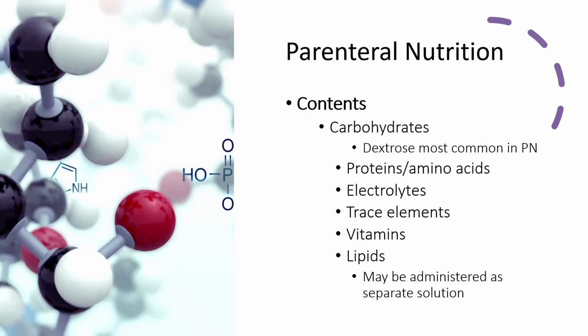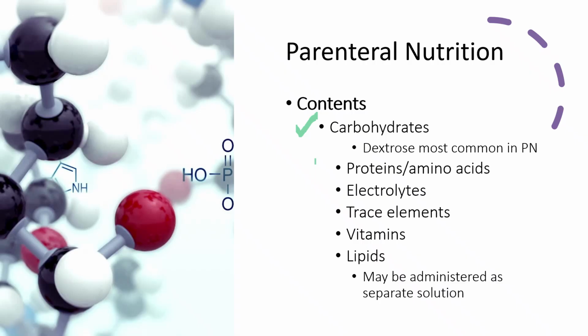So in this solution, it is essential that all the nutrients are in it to maintain or restore a person's health. So carbohydrates are the primary source of energy in the parenteral nutrition, and dextrose is the primary carbohydrate, which is why we need to check blood glucose levels to assess for hyperglycemia when someone is on TPN therapy.